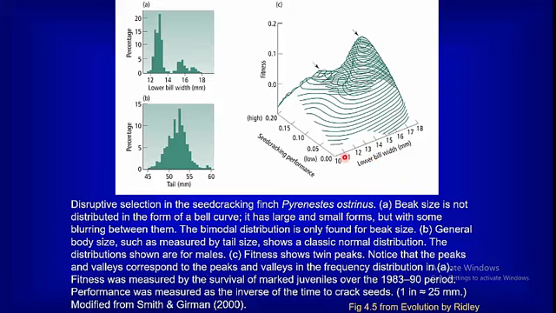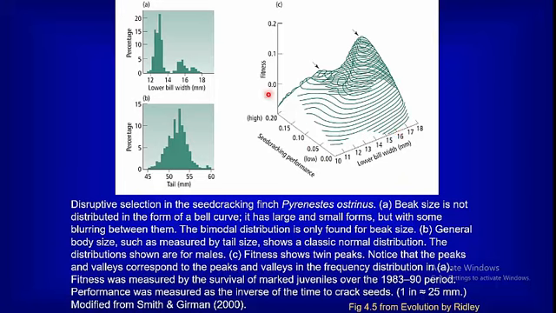So what they showed was that there actually is some difference in terms of the amount of force that these guys can generate, which in turn can affect what kind of seeds they are able to crack.